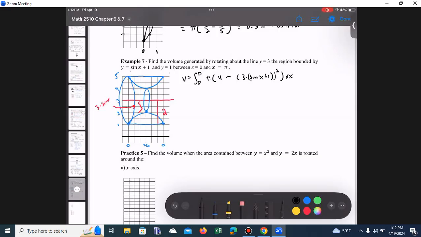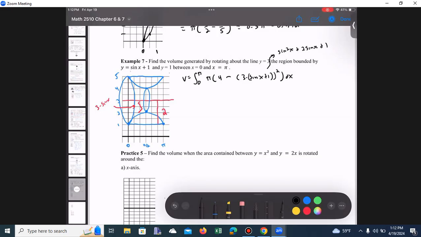Alright, we have to square out sine of x plus 1 and then subtract it from 3. So when we square this out, we get sine squared x plus 2 sine x plus 1.